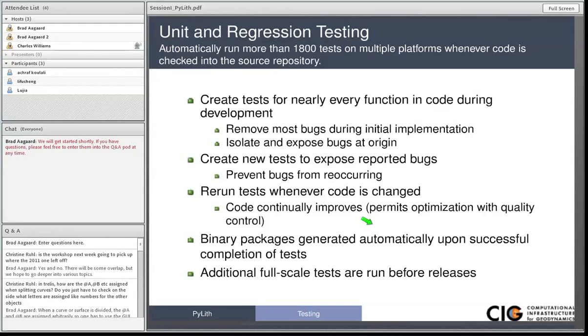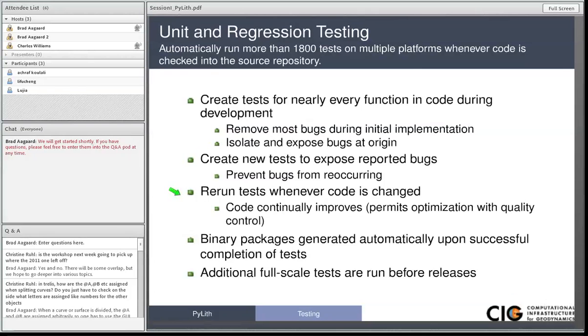Another aspect of PyLith is the amount of testing that we do. So we have a test for nearly every function in the code, and we run these tests nearly continuously during development. This allows us to remove most of the bugs during the initial implementation, and then as we find bugs later, we create new tests that expose those bugs. So then once we fix them, it prevents bugs from reoccurring because we have additional tests to detect that type of error.